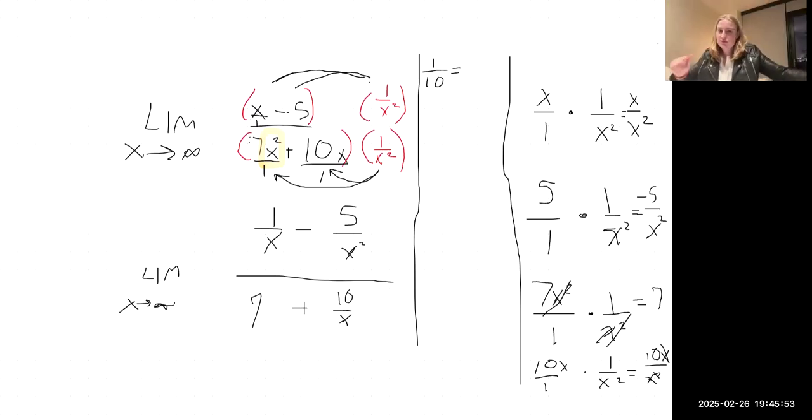Mine just says 1 over 10 equals 1 over 10. We're going to have to make it do an approximation. Or you could even use your phone calculator if you want to.